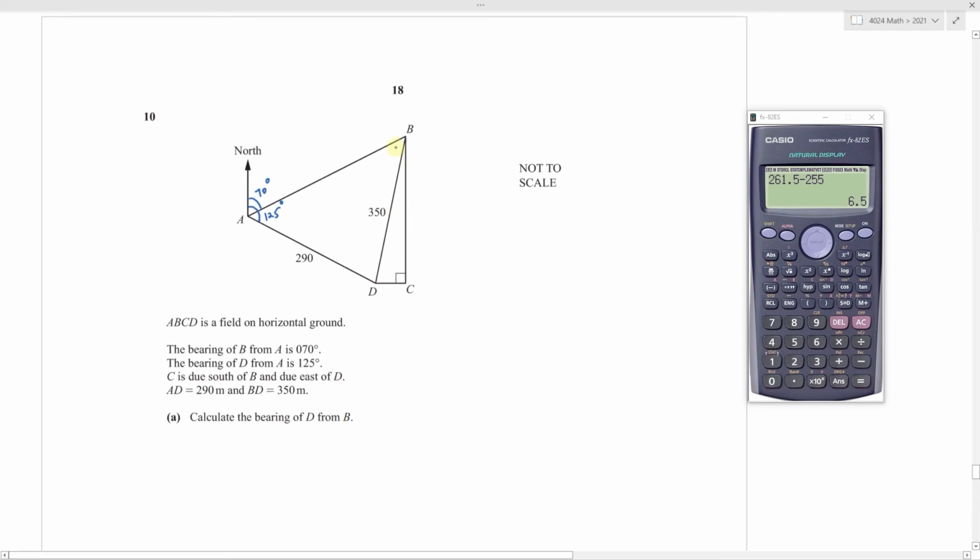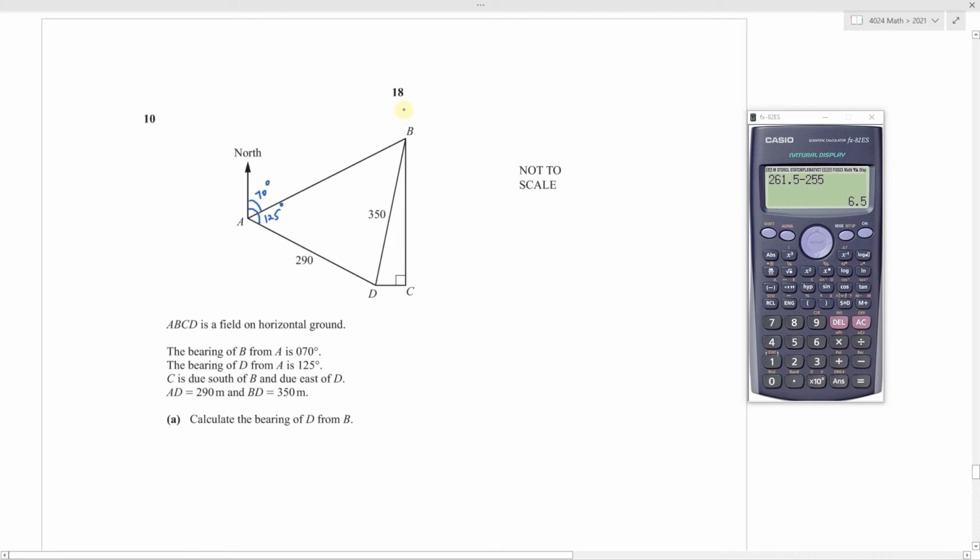Bearing of D from B. So if I draw a north line here, this is the north line. The bearing of D from B is this angle. So try to draw it straight. This is the angle we want to calculate.